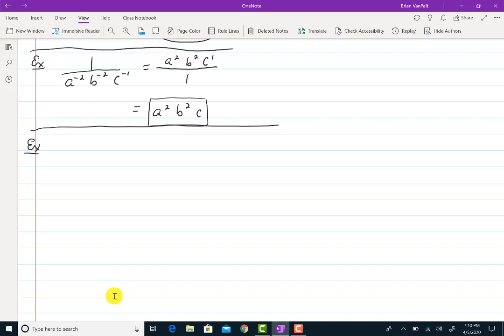For our next one, we have 3 over y, and that's being raised to the negative 4th power. So the rule I'm going to use this time is when I have x over y to the negative n, that's the same as y over x to the positive n.